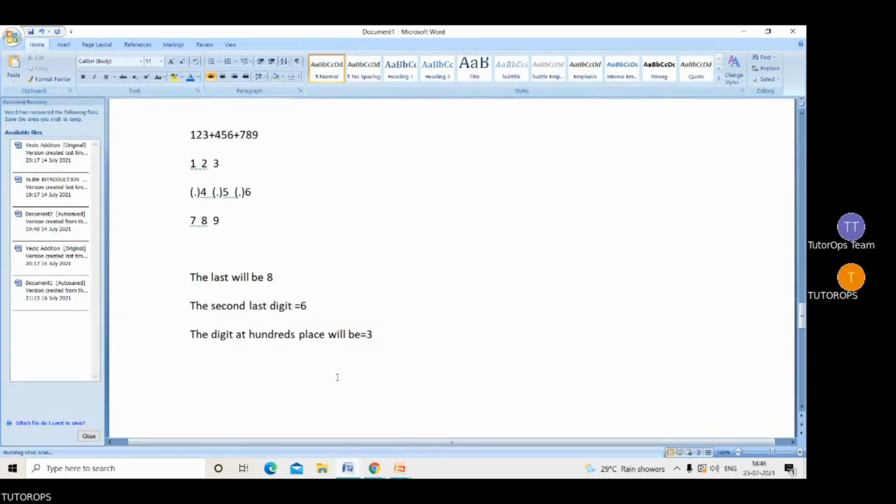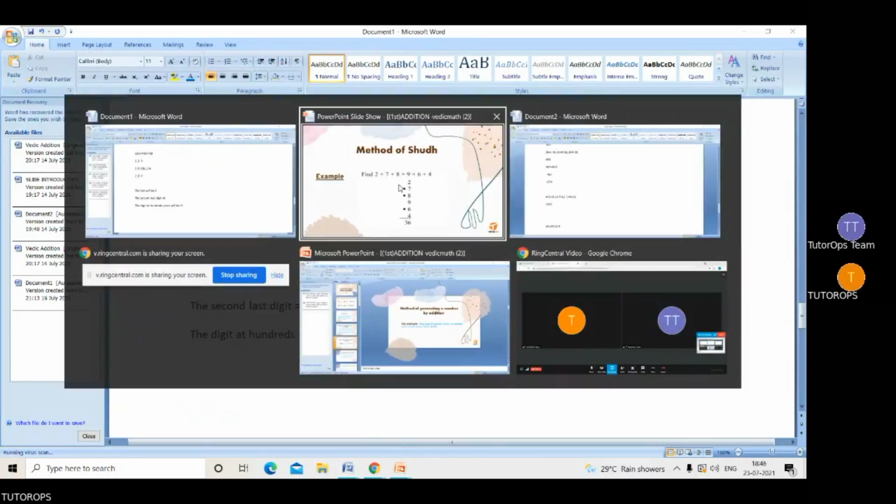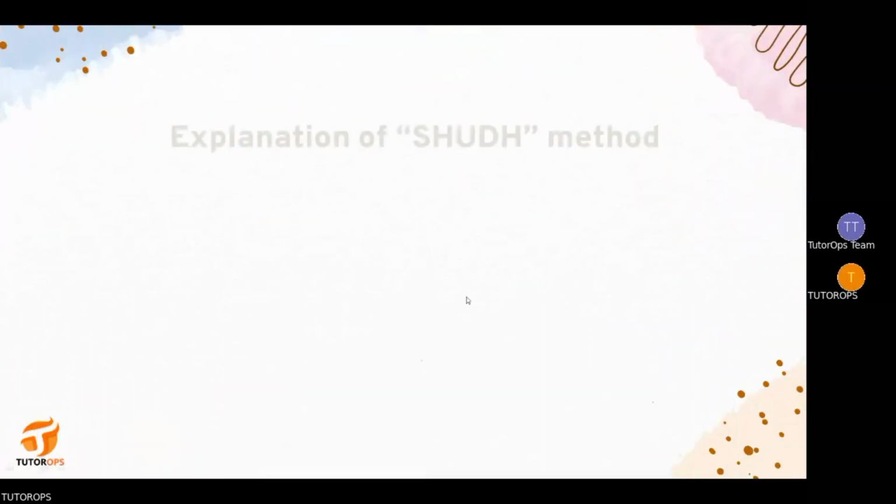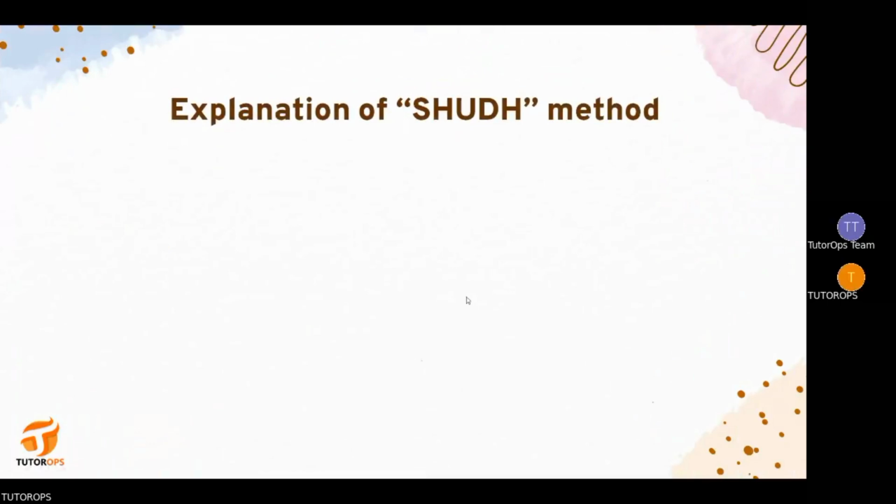So this method is as easy as that. Now, in this method, we can do 5 cross 5, 7 cross 7, and however many numbers we want, we can do this by this method. Okay. But why is it called the method of shuddh? Okay.